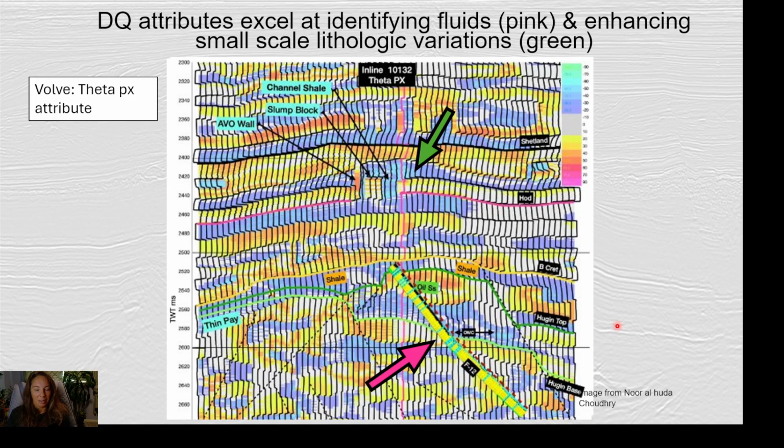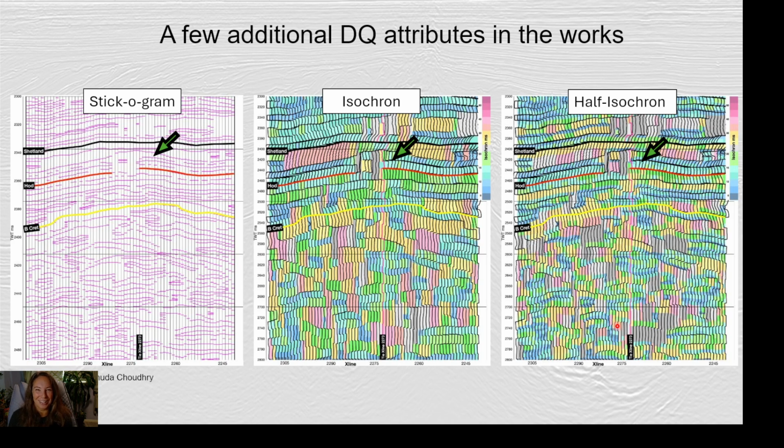So we've got roughly a dozen DQ attributes that we're working on right now, and that have been showing a lot of promise. So one of my PhD students has been working on this lately, and some of my master's students are starting to use DQ attributes in their machine learning algorithms. Just a couple weeks ago, Noor was showing me this kind of stichogram attribute, which is showing us the interfaces.